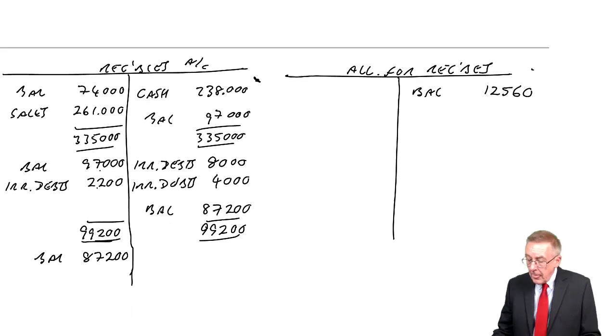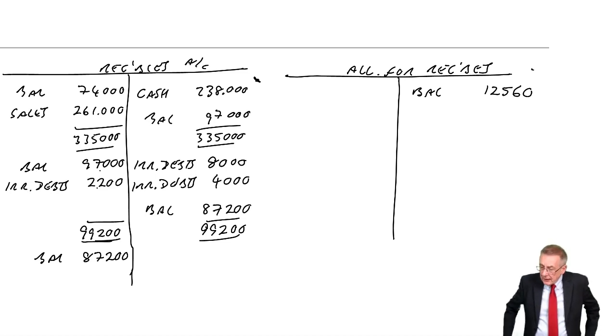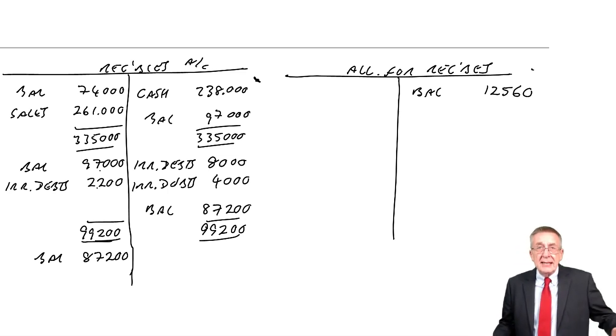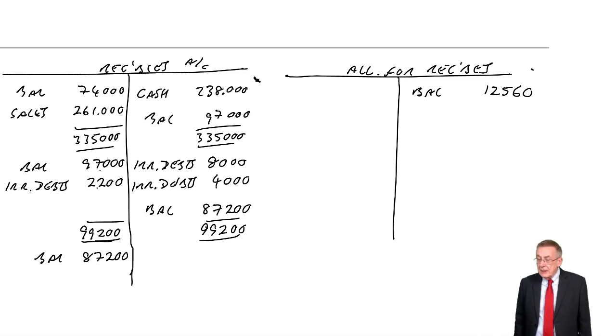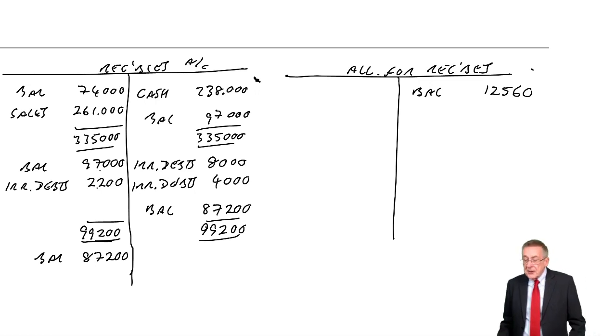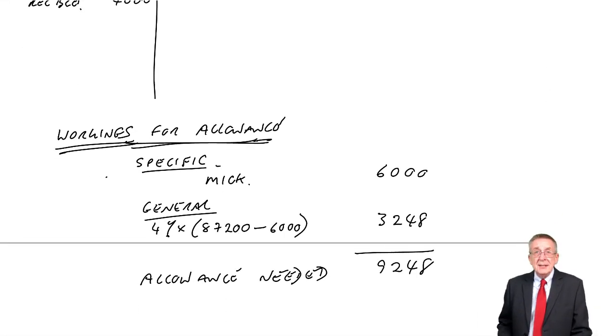There's a little problem. We've already got an allowance for receivables account and there's 12,560 there. Now you know what that is. That's how much we needed at the end of last year, but it's just been sitting there ever since. It no longer makes any sense at all because the figure I want is 9,248.